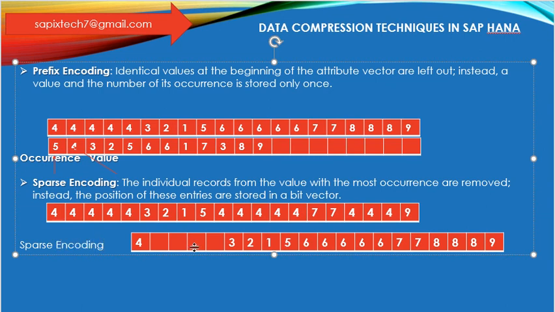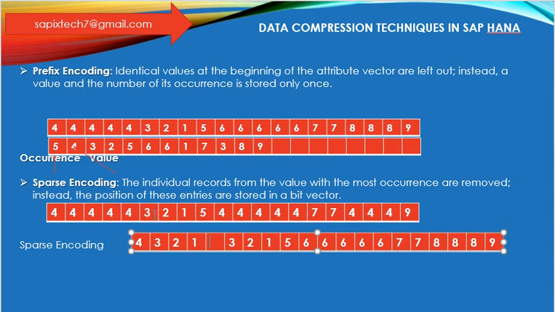Okay, and the rest of the values like 3, 2, 1. Again, look at the definition. It has removed 4. It will store 4 in sparse encoding.